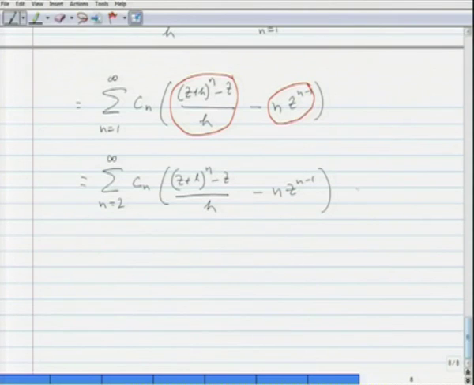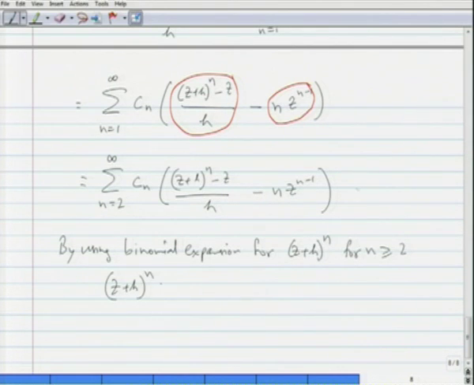Okay. Now, we will use the binomial expansion. By using binomial expansion for (z plus h) power n, for n greater than or equal to 2, (z plus h) power n is equal to sigma k equals 0 through n of n choose k z power n minus k times h power k.